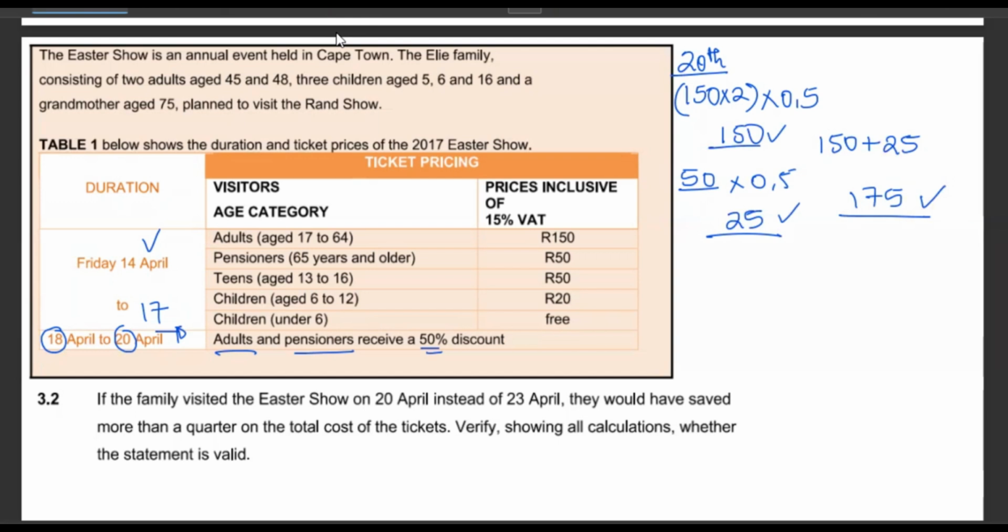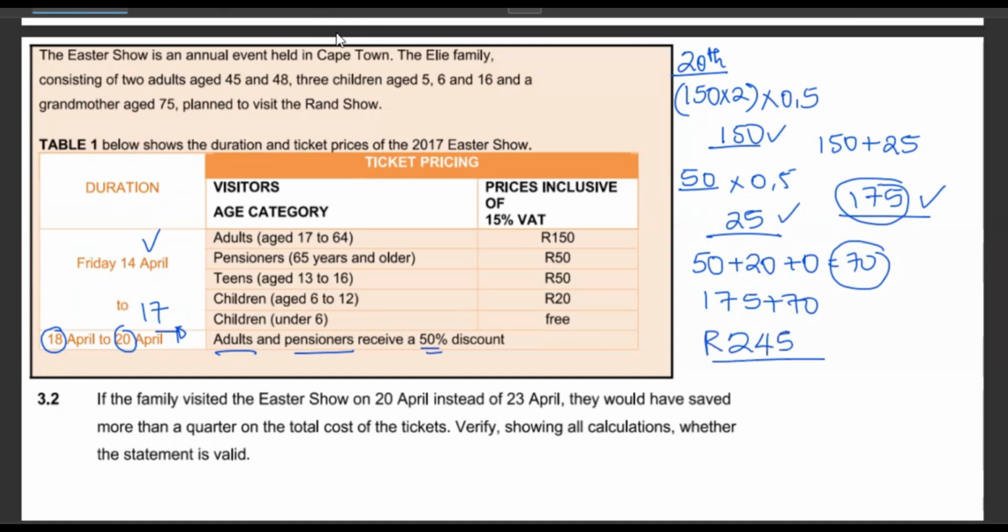What about the children? Now we are remaining with 3 children. One of them pays 50, the other one pays 20, and the other one is free. So all in all, they have paid 70. So how much would they have spent on the 20th? 175, the money from the adults and the pensioner, plus the 70, makes it 245. This is the money that they have on the 20th.